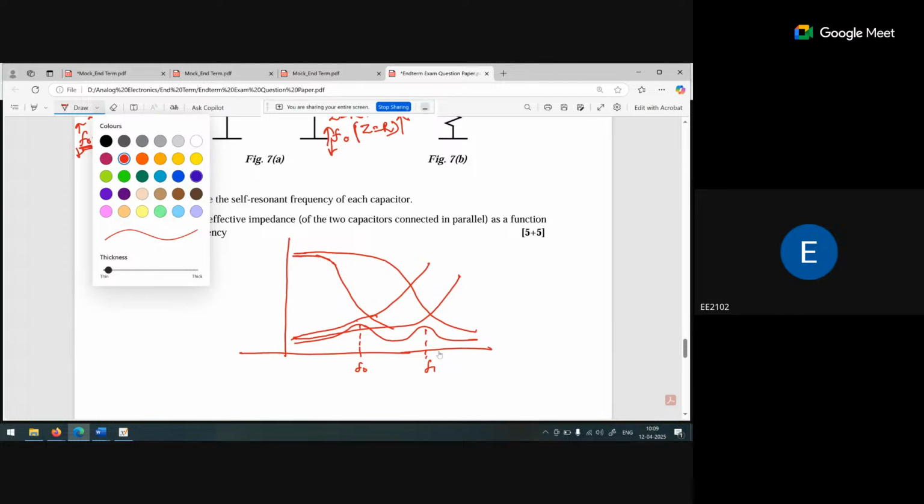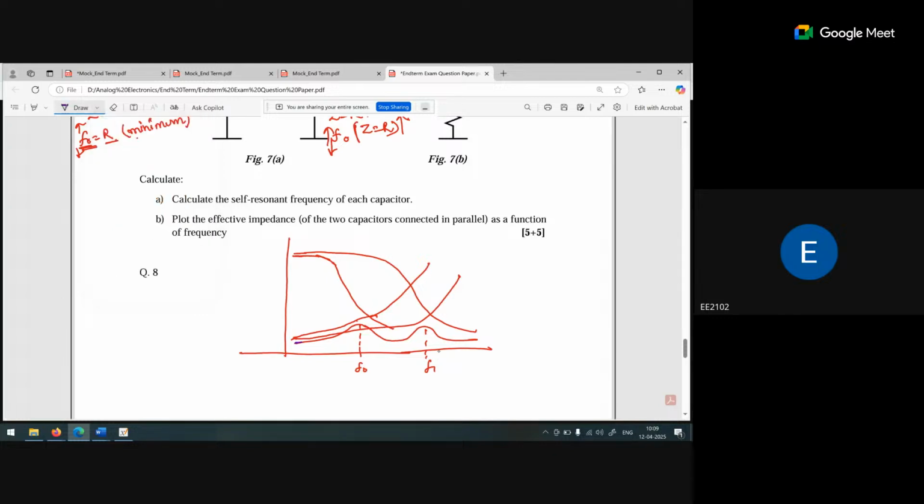So this is your equivalent graph. The blue one is your equivalent. This shows that this is the Z.